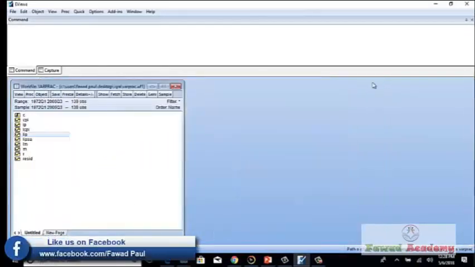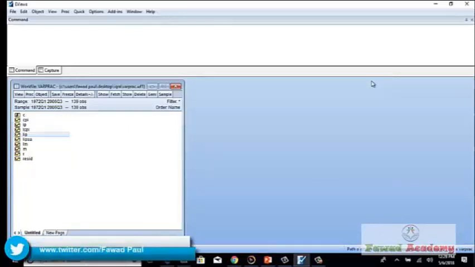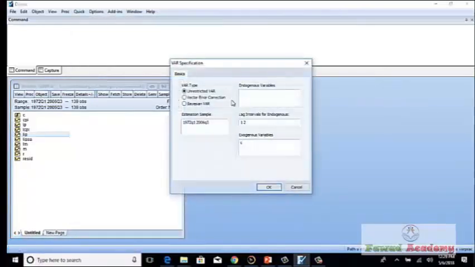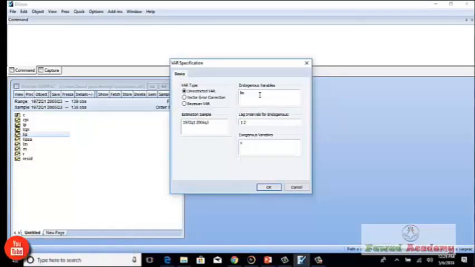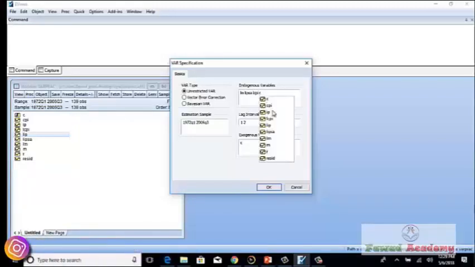Now the next step is to find the lag length. Before going to cointegration, first of all find the lag length criteria. Go into the Quick Estimate bar, write down the dependent variable LM first and then the independent variables LCPI, LIP and R. Click OK.